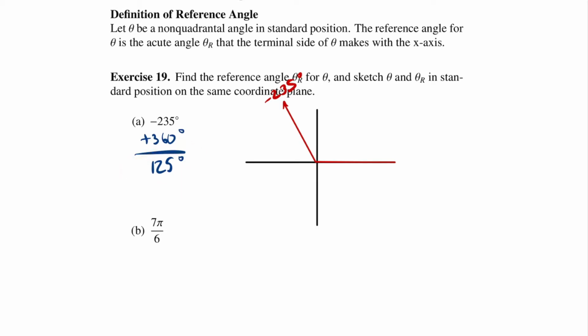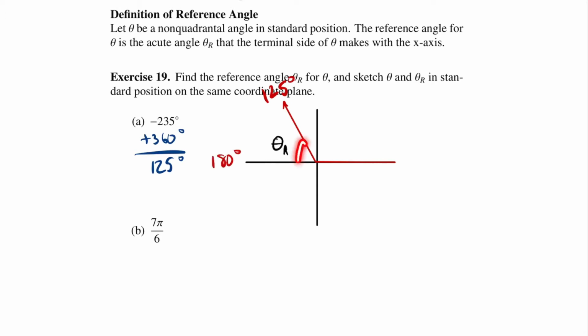All right, so the reference angle is going to be the angle that's formed by the x-axis and the terminal side of theta. So there it is. This is the terminal side of theta, and this is the x-axis, so this is our reference angle, theta sub r. We also know that the angle is equal to 125, and this is 180.